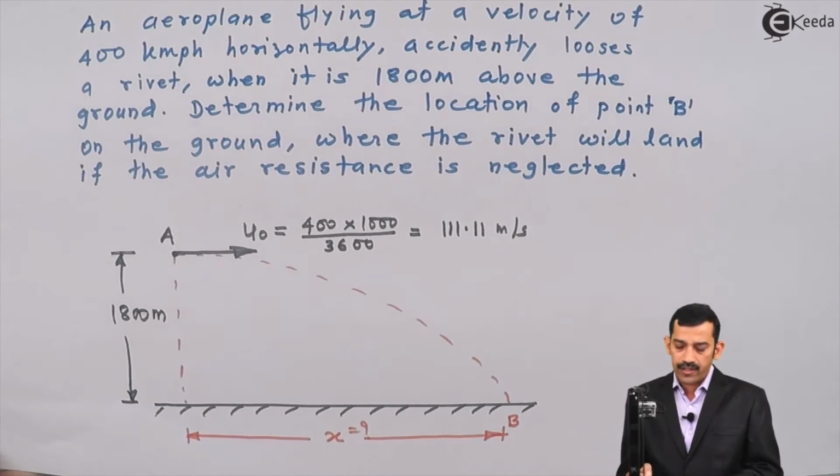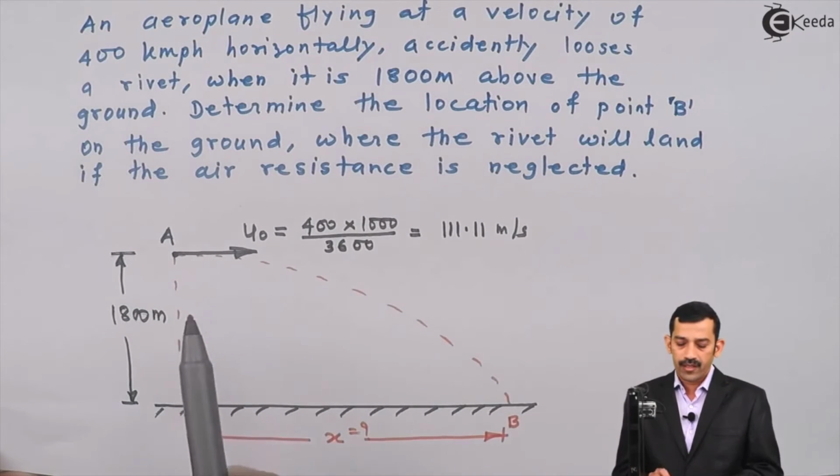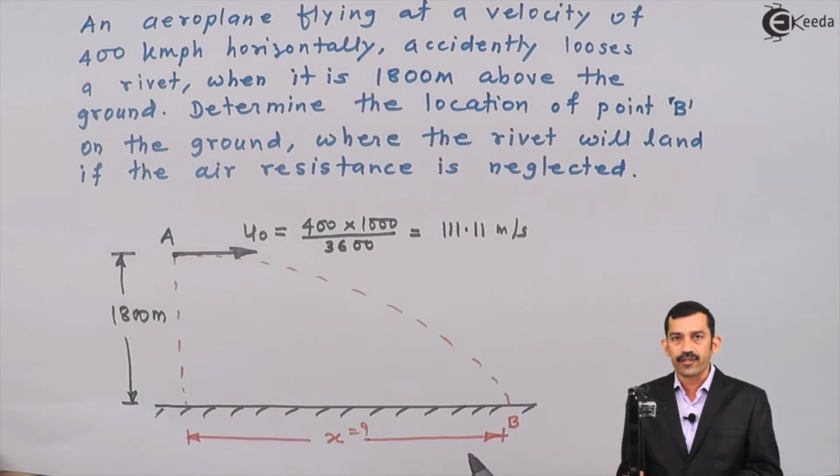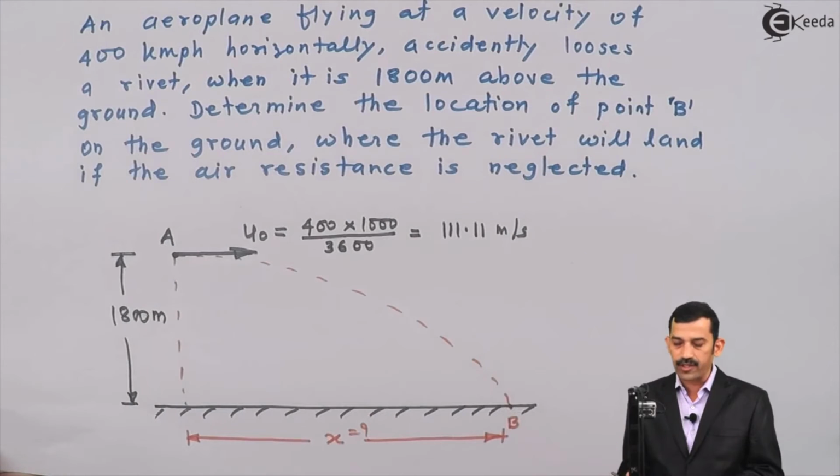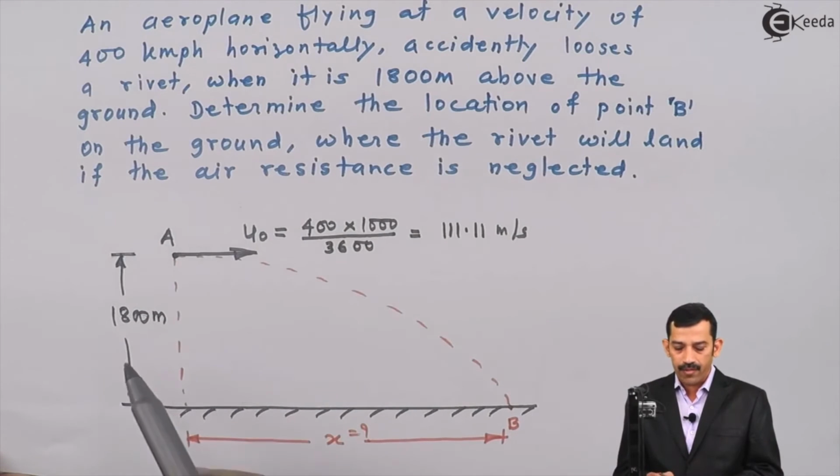How will we find distance X? What data is known? Number 1, U0 is given, 111.11 meters per second. Theta 0 is 0 because the velocity is in the horizontal direction. This is the initial position, B is the final position. The final position is below the initial position, that means Y is negative, minus 1800 meters.